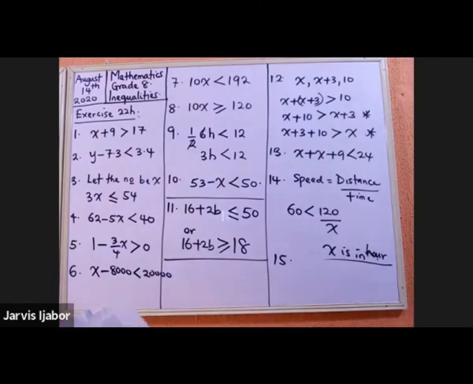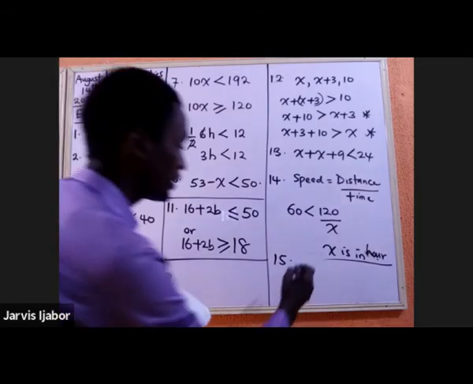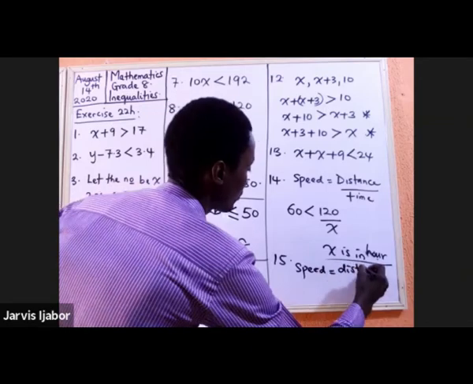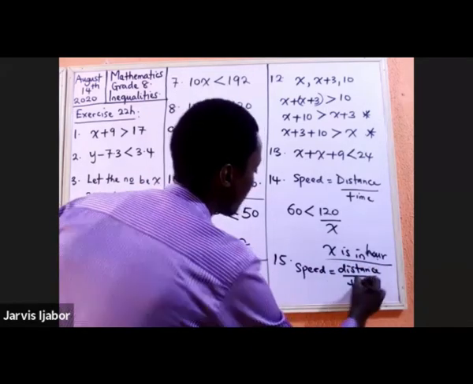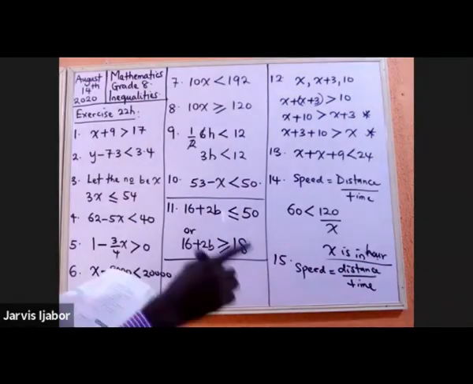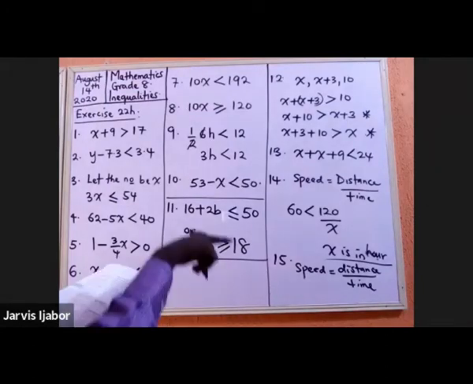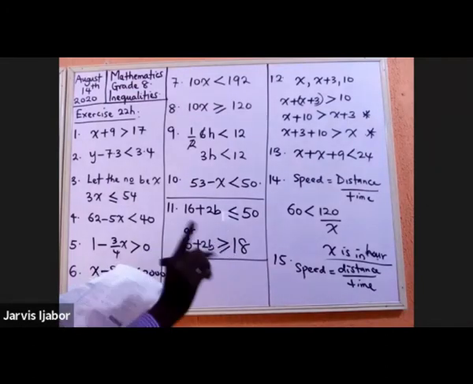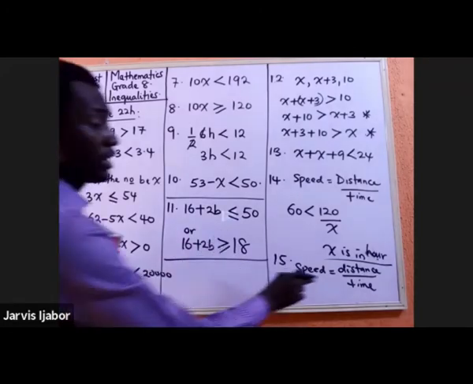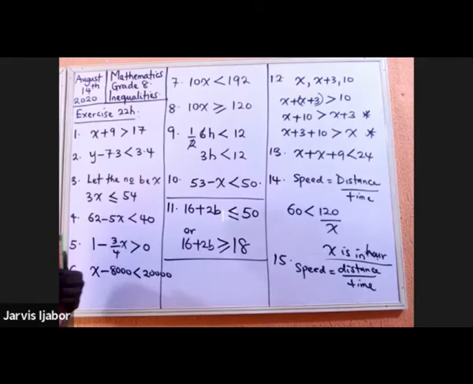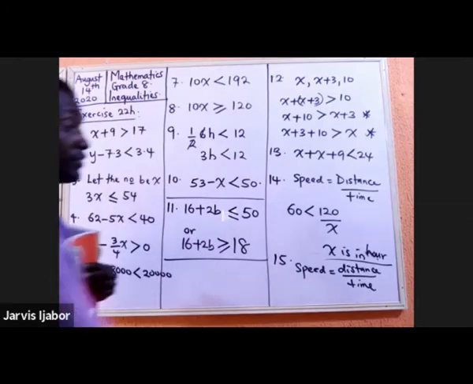Now, speed here again is equal to distance over time. So if it's averaging less than, if the time is dropping, now watch the argument. If the time is dropping, the speed will be increasing.